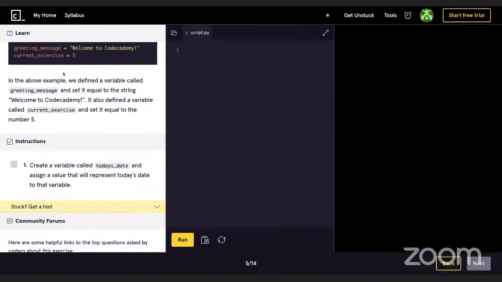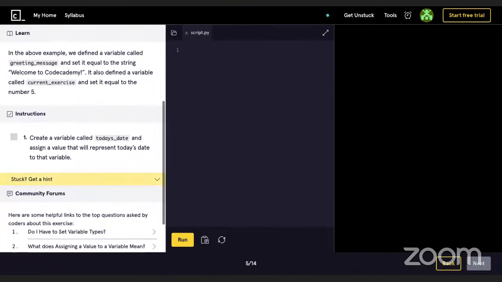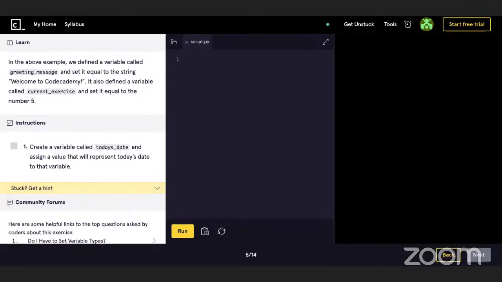So on variables, you can do like today's date. Can you type that, Georgie, please? Okay, I think Tolu already typed something anyway. Can you copy what Tolu has written?